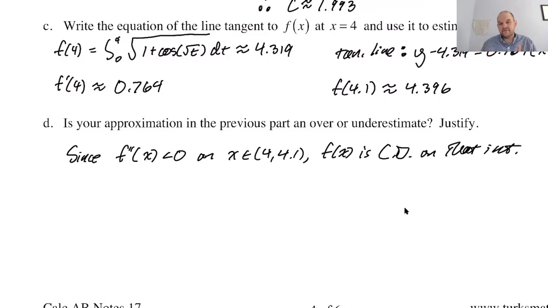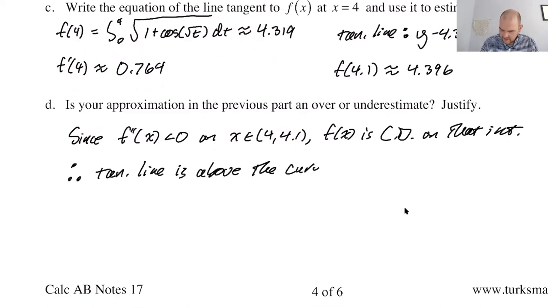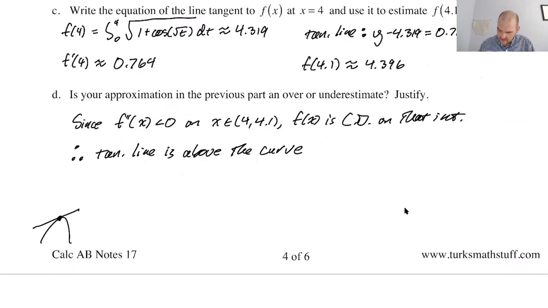Okay, if f of x is concave down, therefore the tangent line is above the curve. And if you find that confusing, all you got to do is draw a little picture, and I do that a lot. I have a lot of trouble with left, right, horizontal, vertical, concave up, concave down. Concave down looks like this. So draw a tangent line, and you're definitely above, right? So the tangent line is above the curve on that interval.